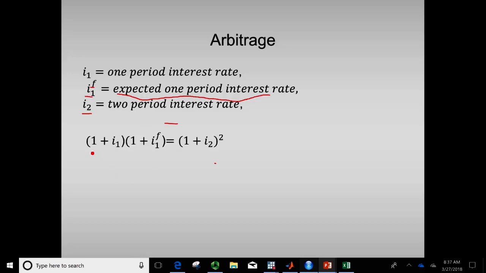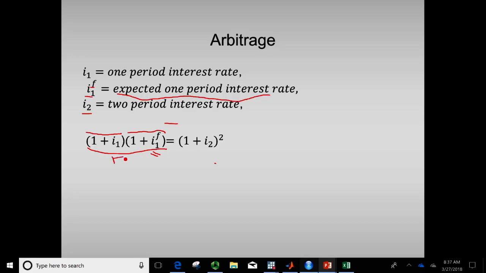So what that implies is that the left-hand side of the equation is equal to the right-hand side, where the left-hand side is that rollover strategy. What I'm doing here with 1 plus I₁ is taking $1 and investing it for 1 period today. Then I'm going to take that amount of money that I have at the end of period 1, and roll it over into another 1 period bond, 1 period from now, and I expect to earn an interest rate of I₁ superscript F. So that's what I'm going to call the rollover strategy.